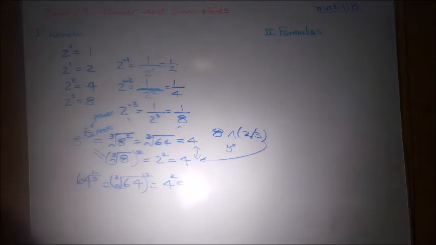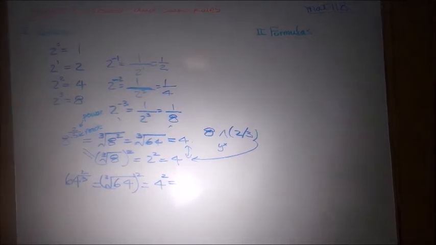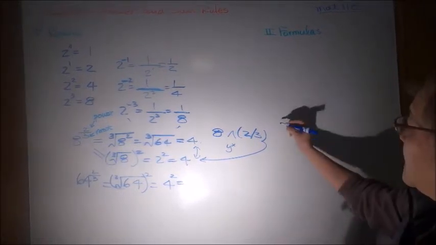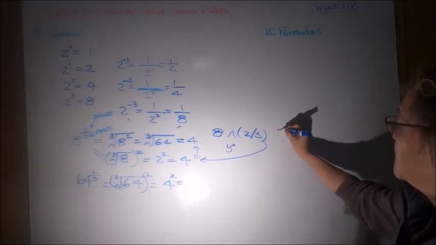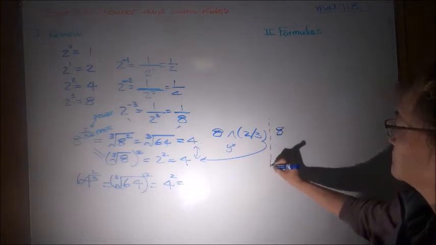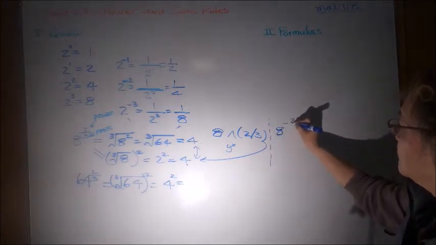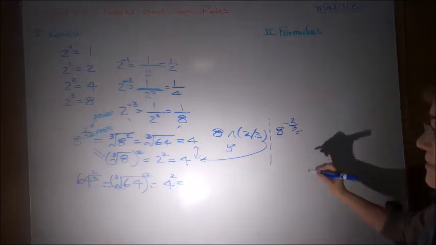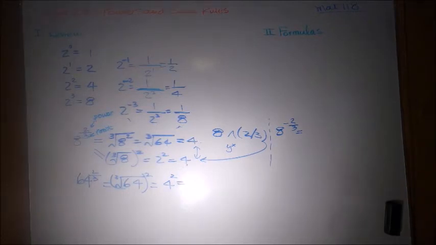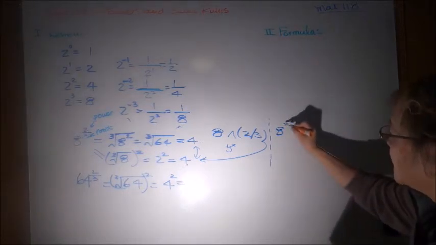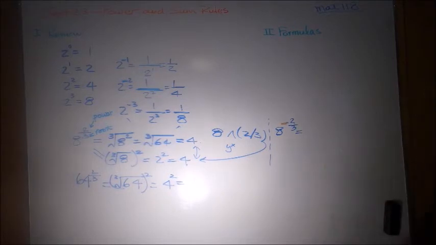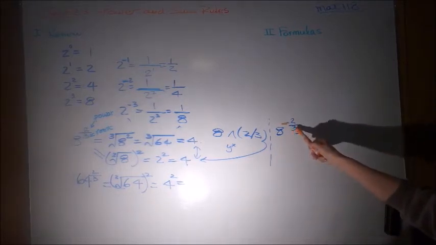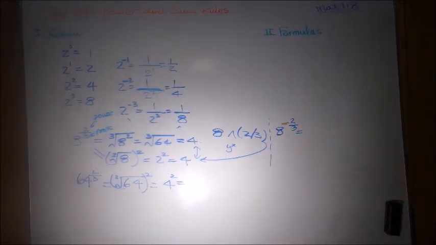Okay, what happens if we have this one? If we have 8 to the negative 2/3 power, what does that mean? So you need to interpret the negative power first, then you interpret the 2/3 power.